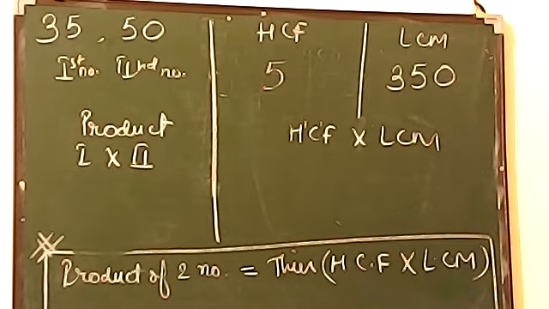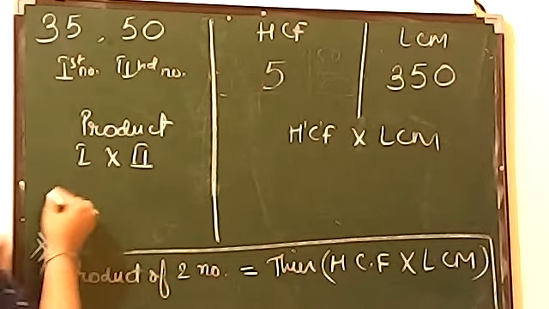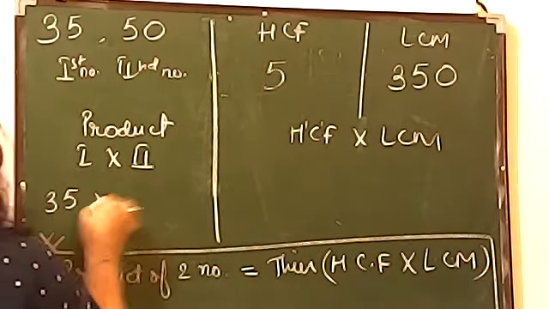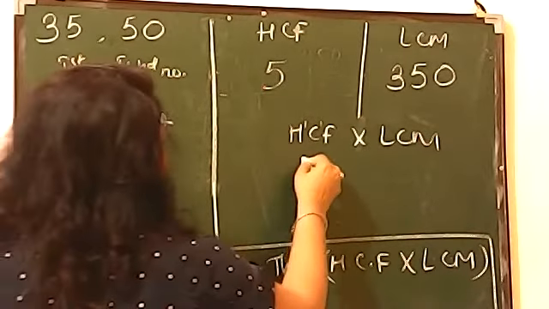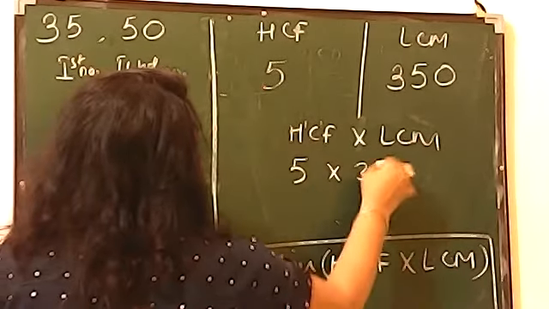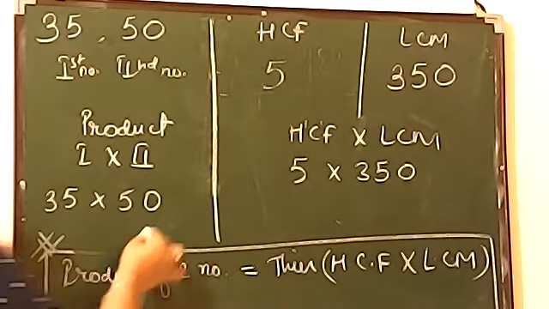Now let us solve the last step. Product of both the numbers, 35 multiplied by 50, and SCF into LCM, it means 5 into 350. Now let us solve it and see whether they are equal or not.